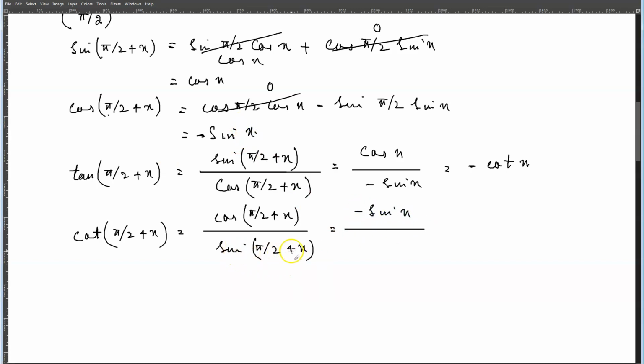And sine of pi by 2 plus x is equal to cos x. Sine by cos is equal to tan, so that's negative tan x.